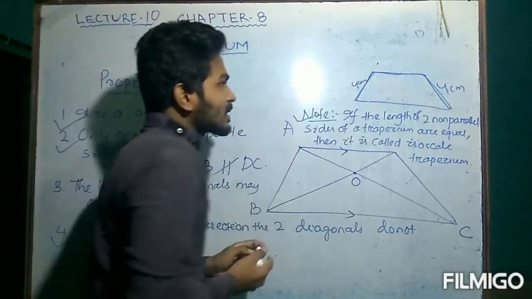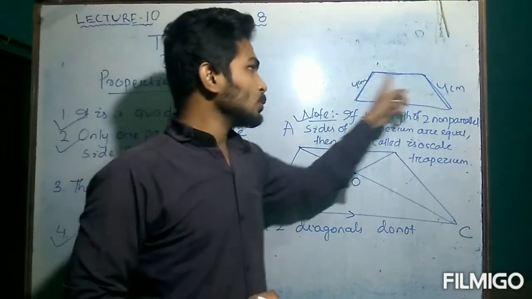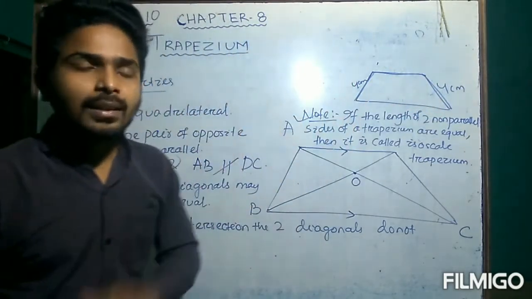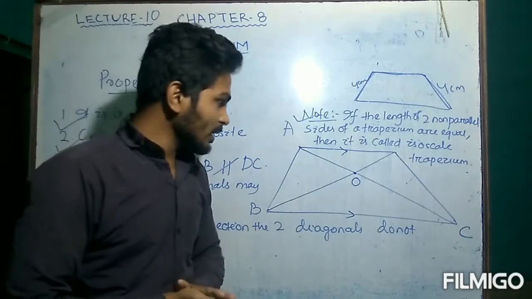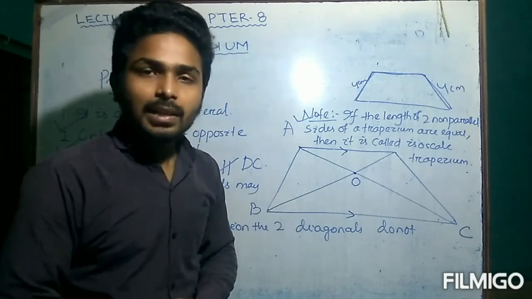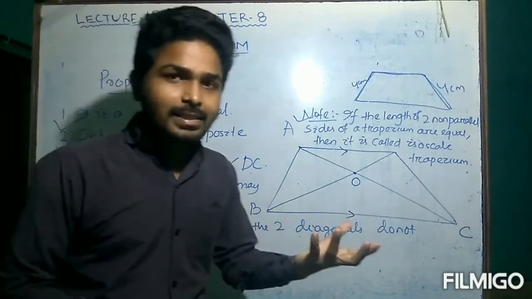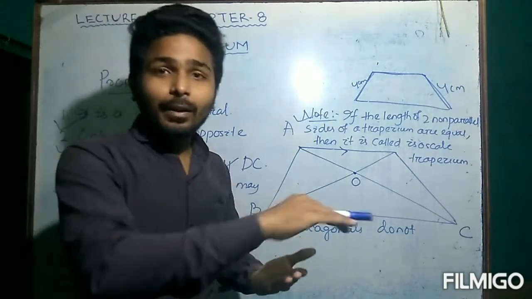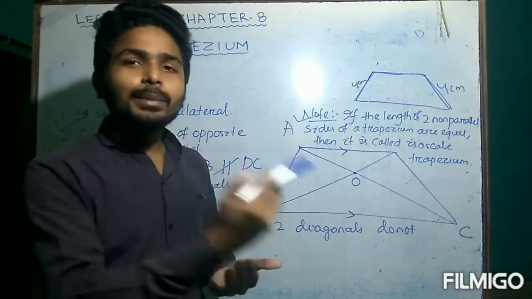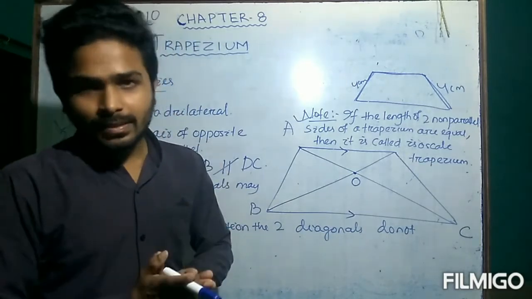In order to be an isosceles trapezium, the two non-parallel sides must be of equal length. Now, the basic properties of trapezium have been finished. Now we'll discuss whether a trapezium can be a parallelogram or a parallelogram can be a trapezium. So, let us discuss this.